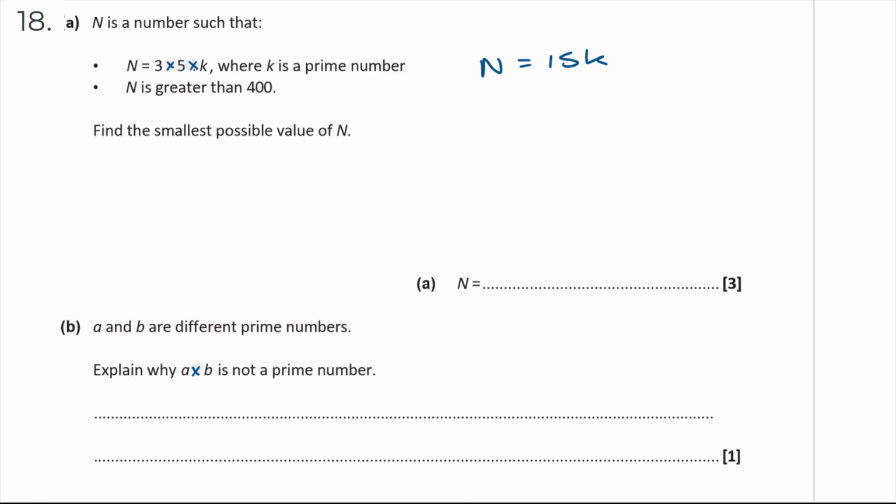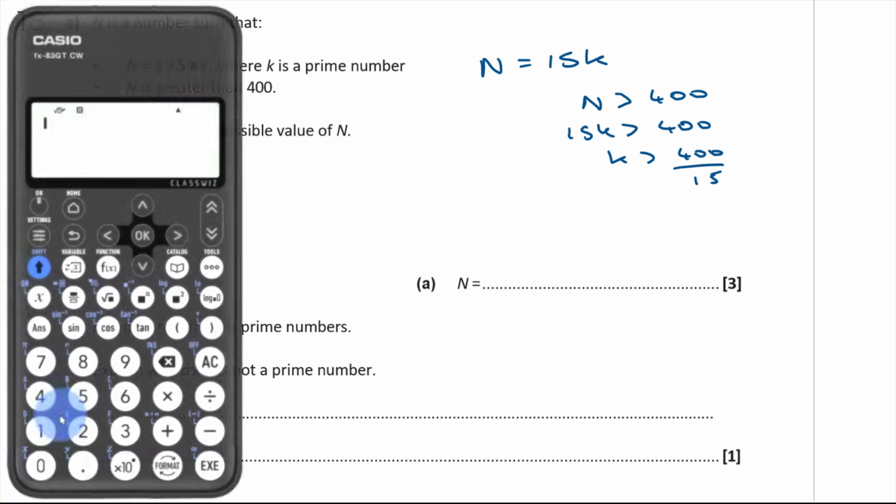We know that n is greater than 400, so if n is greater than 400, then 15k must be greater than 400, so k must be greater than 400 over 15 then.